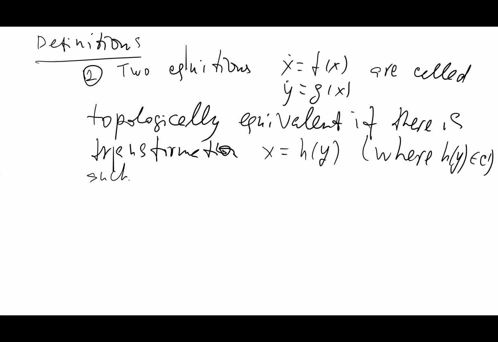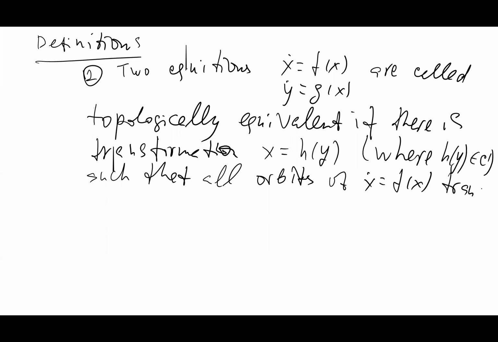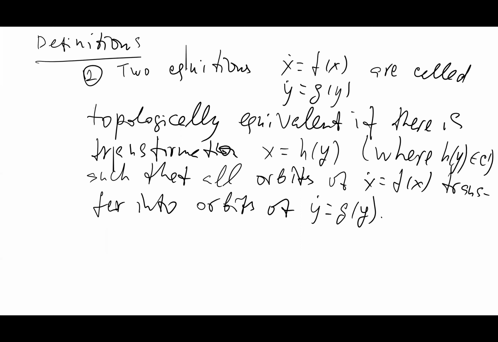such that all orbits of the first equation transfer into orbits of the second equation, y dot equals g of y.